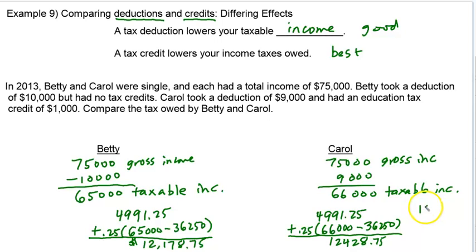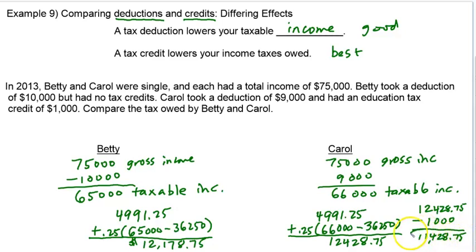Well, here's the difference between a deduction and a credit. A credit comes directly off the tax you owe. So we had 12,428.75, but we get to deduct from that $1,000. So Carol is actually only going to owe $11,428.75.